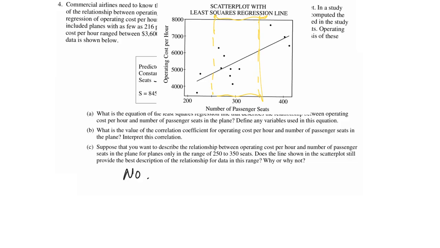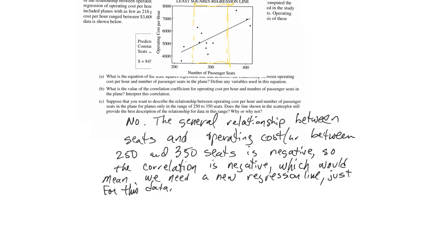See if you can come up with the answer to the question, and I'll put my solution up. This is my answer. No, the general relationship between seats and operating costs between 250 and 350 seats is negative. So the correlation is negative, which means we need a new regression line just for this data.